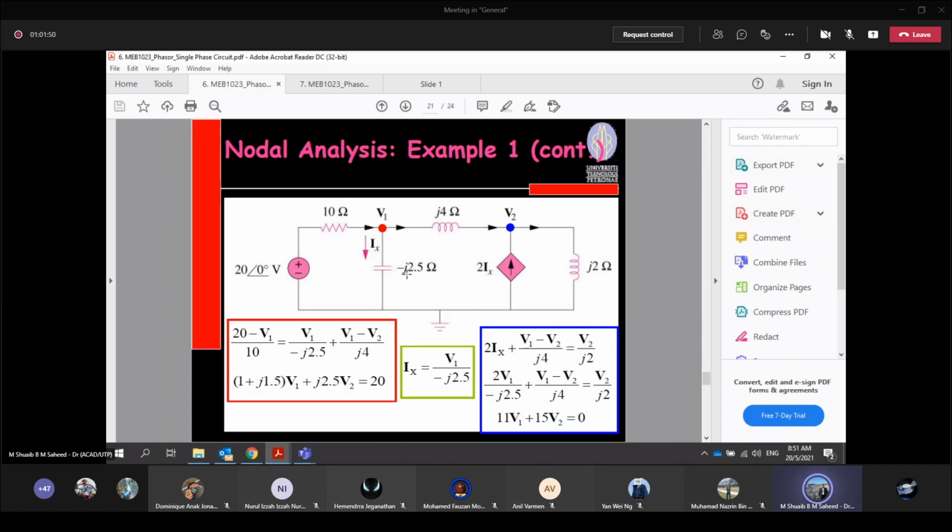You have to incorporate the j value. I2 is V1 minus V2 over j4. Now you can do some simple manipulation and you will get this expression. You have to try this. 1 plus j1.5 V1 plus j2.5 V2 equals 20.